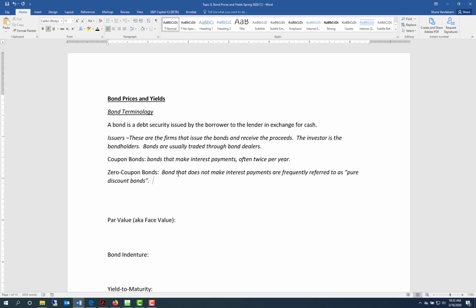These are bonds that are sold at a discount to their par value or their face value, which we'll talk about next.